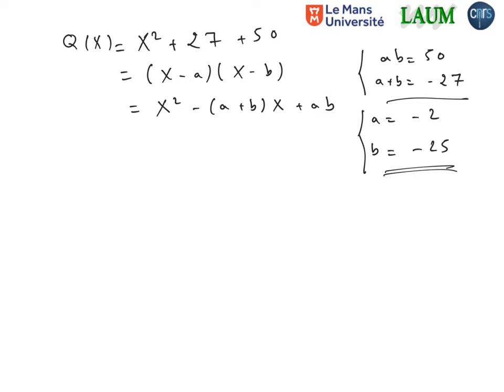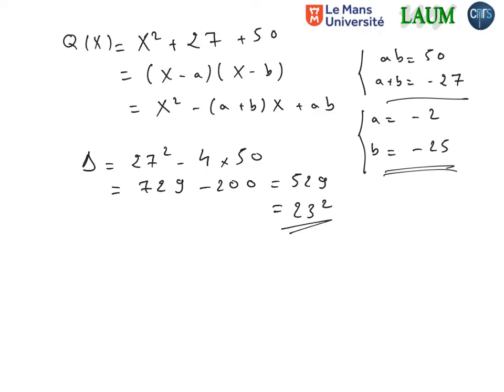So we have the classical method, which is to find the discriminant of the polynomial, which is 27 squared minus 4 times 1 multiplied by 50. So this is equal to 729 minus 200, and then this is 529, and I think that this is clear for everybody that this is 23 squared. It's clear for everybody. Perhaps it's a joke, but yes, okay, so we can at least find this.